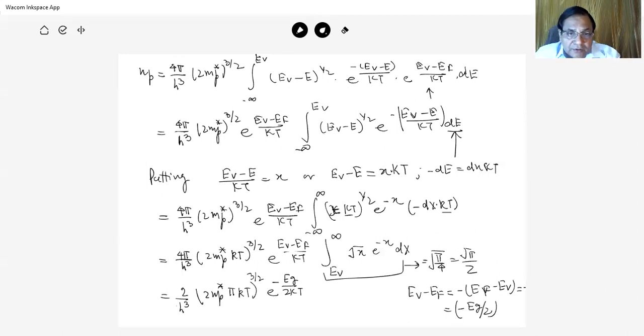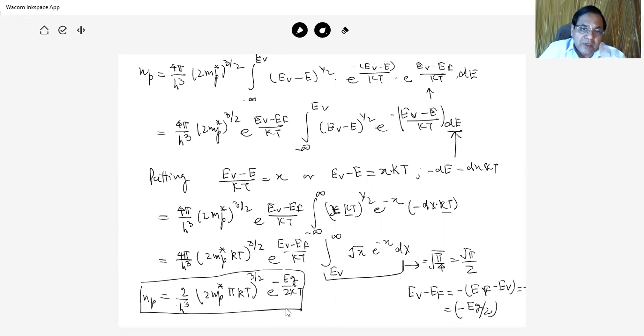So this one is the expression N of P, that is carrier concentration of the holes, and this can be written as N of V e raised to the power minus Eg by 2 kT.